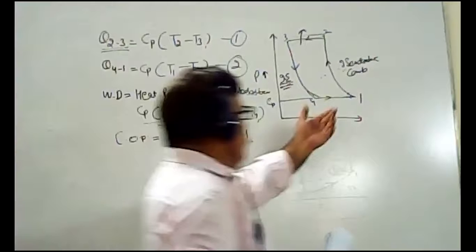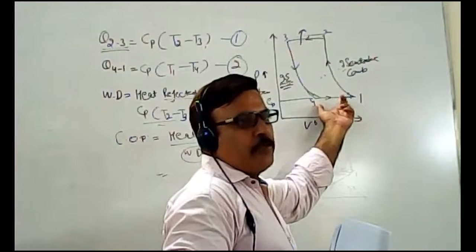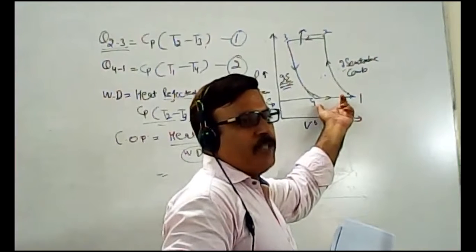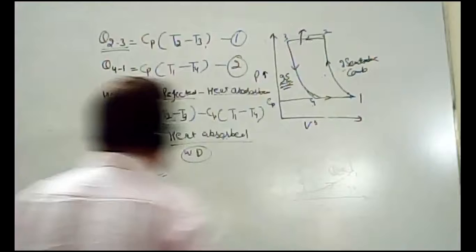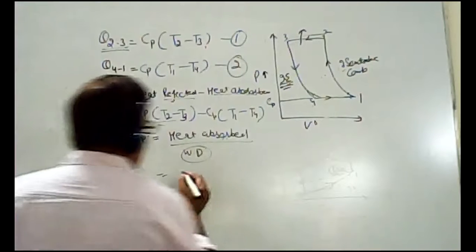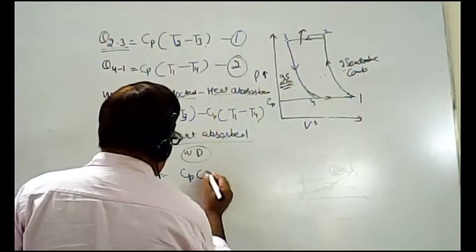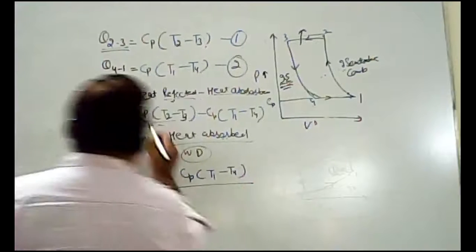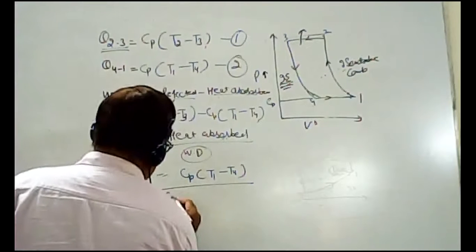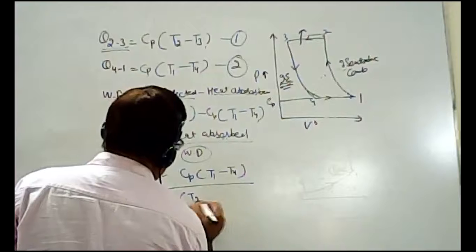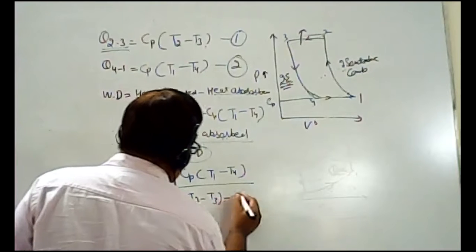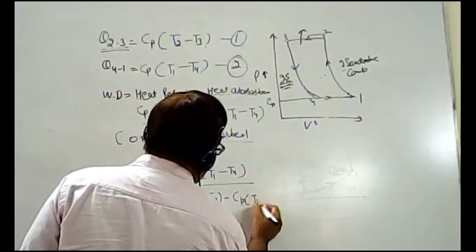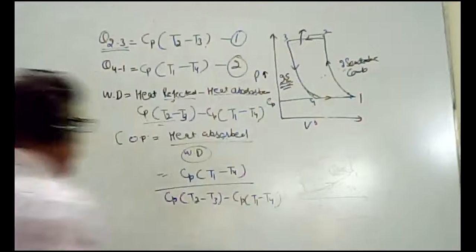Heat absorbed during the refrigeration effect, T1 minus T4, at constant pressure. So heat absorbed will be Cp times T1 minus T4, divided by total work done. How much total work done? Cp times T2 minus T3, minus Cp times T1 minus T4.